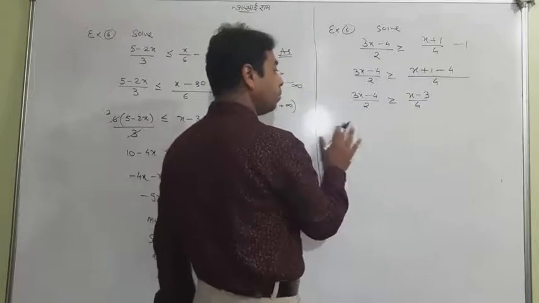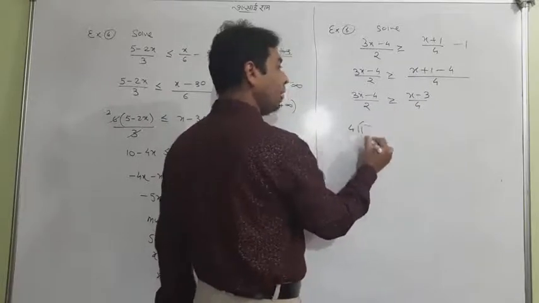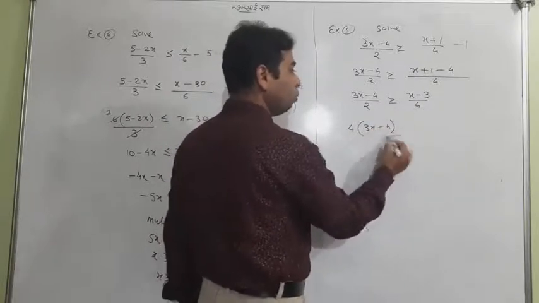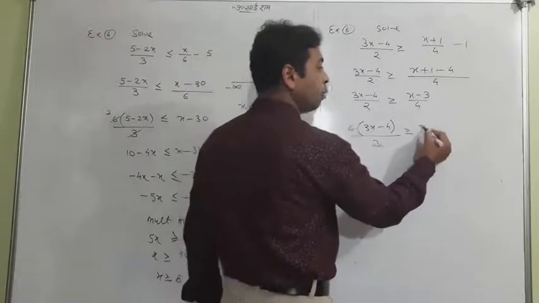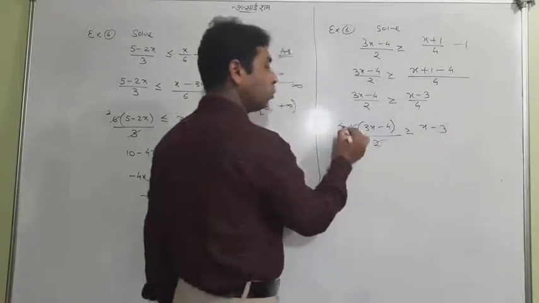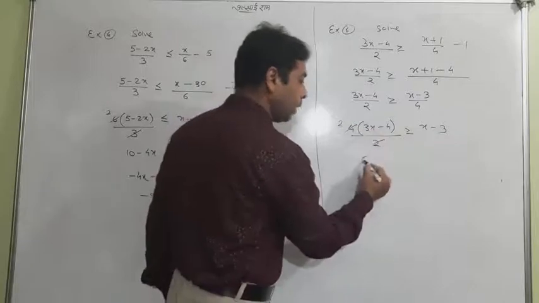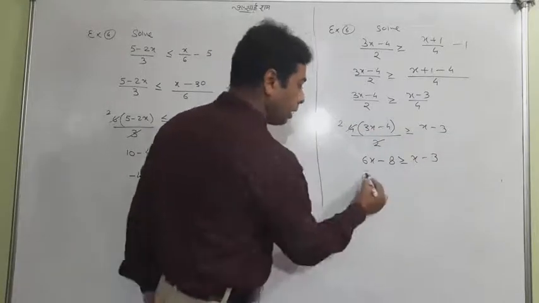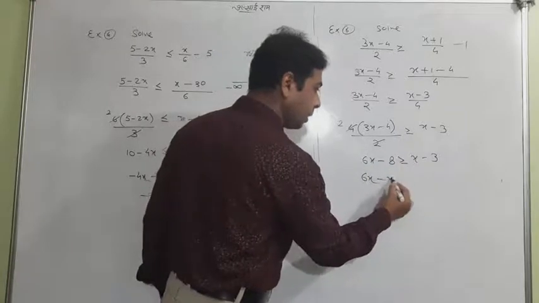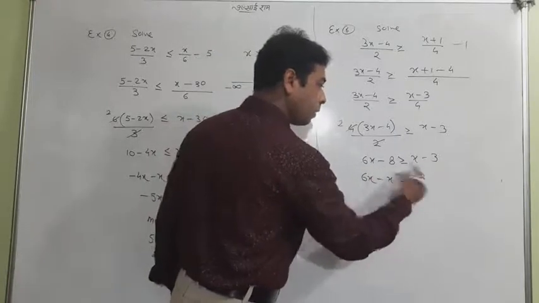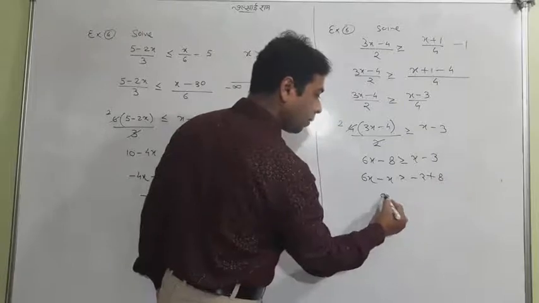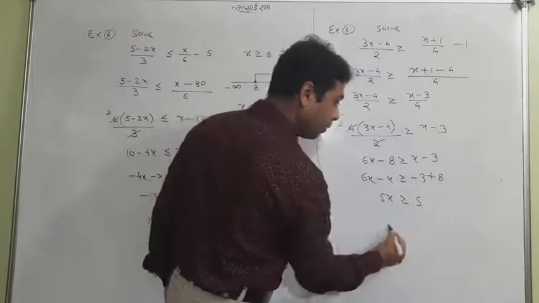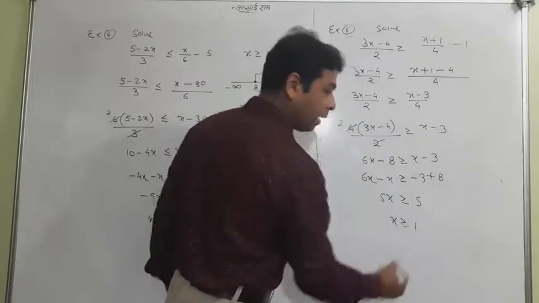I know that both can cancel, so I'll wait and not transfer the 2, because both can be simplified. This will be 2. Now multiply here: 6x minus x minus 3 plus 8. This is 5x and this is 5. So x is going to be 5 by 5, which is 1.